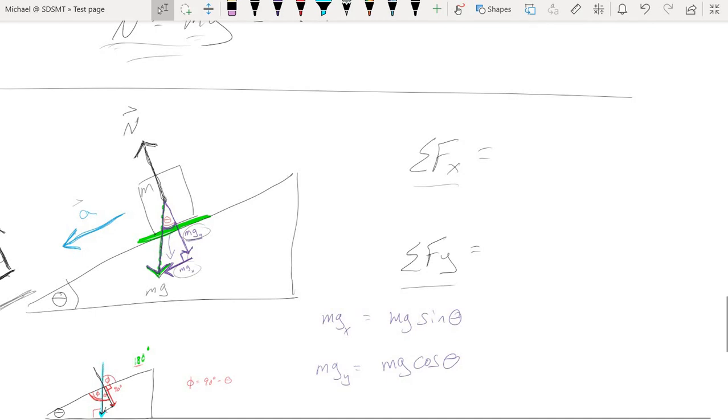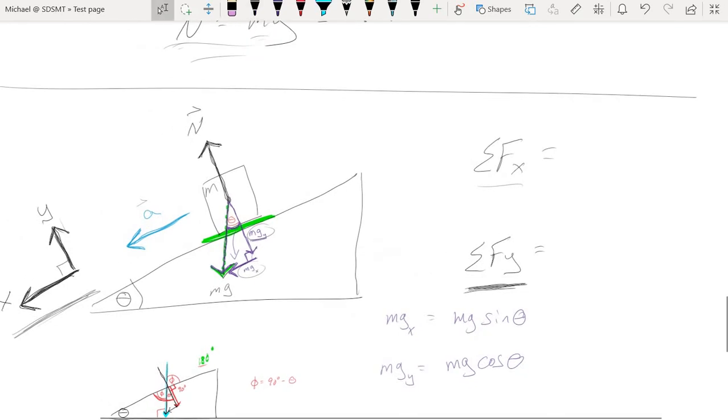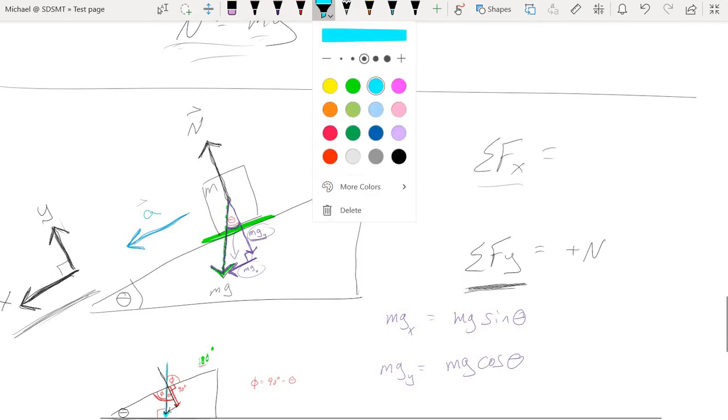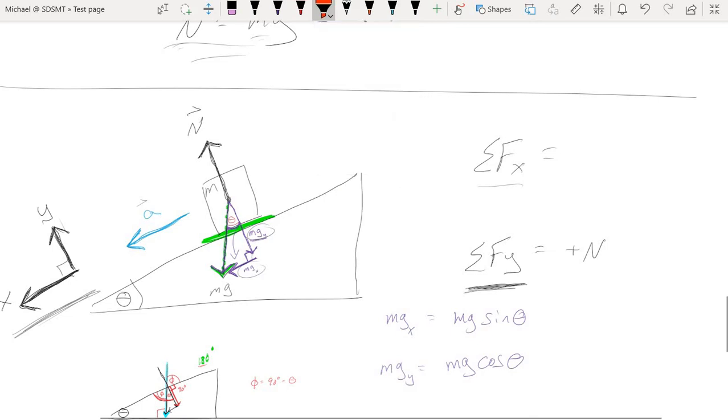So I'm going to start with the y direction, because I have a normal force that is pointing in the positive y direction. So we have positive N. But then in addition to the normal force, we have the y component of our weight that is pointing in the negative y direction.